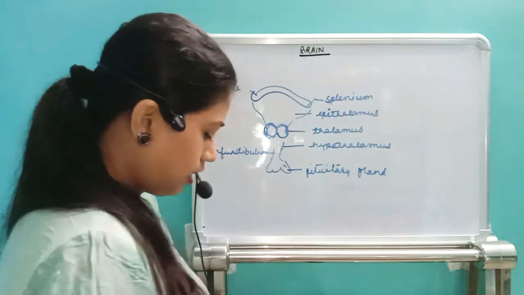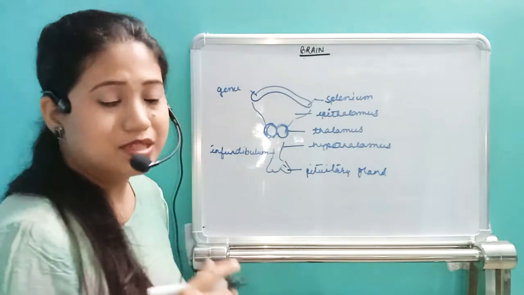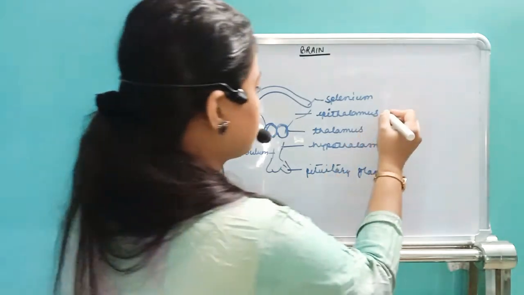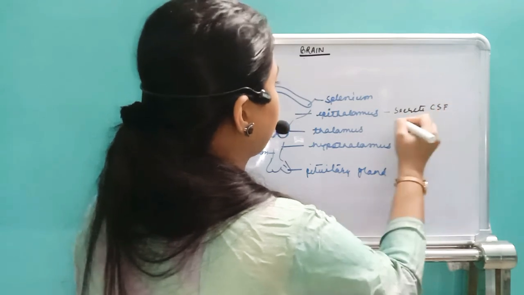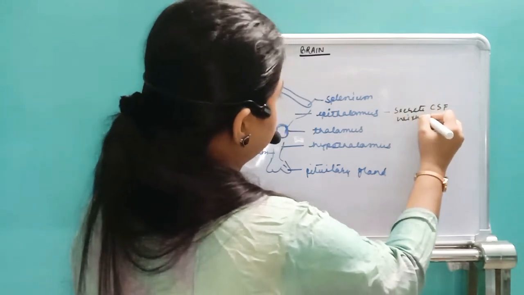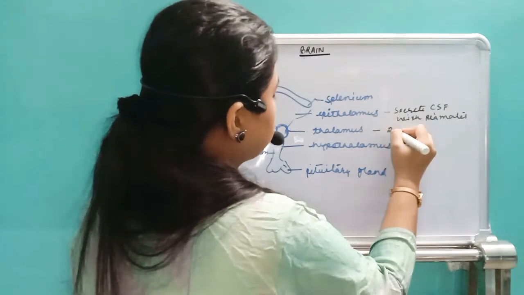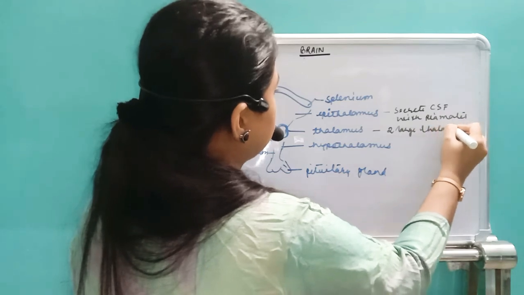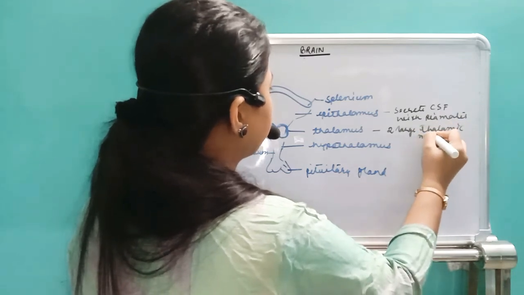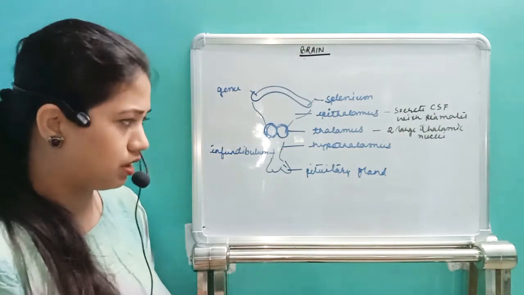So what are the functions of each of the parts? First of all, the epithalamus has one function: it secretes CSF with the pia mater. Second, the thalamus has two large thalamic nuclei. It has a number of functions and acts as a relay center. I will tell you in a later part.